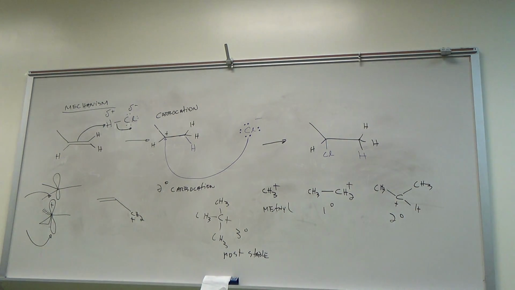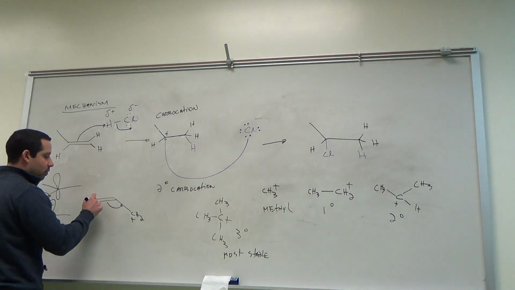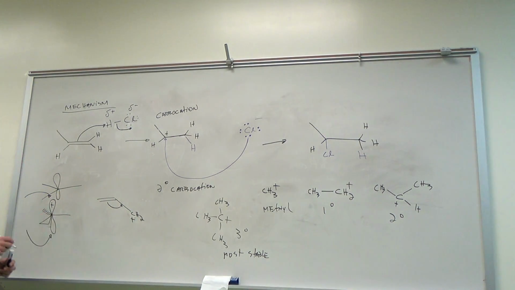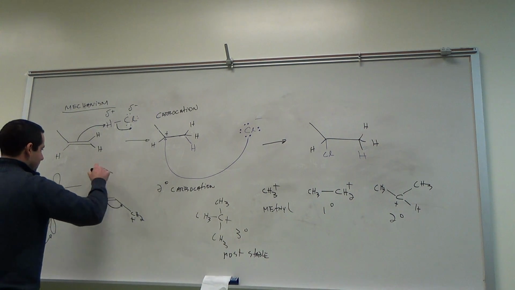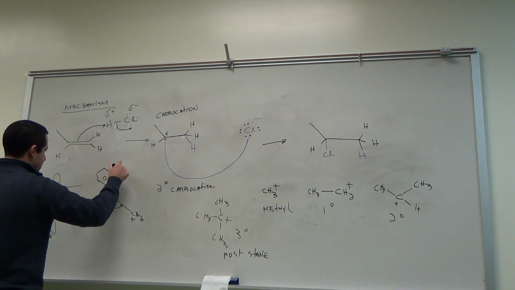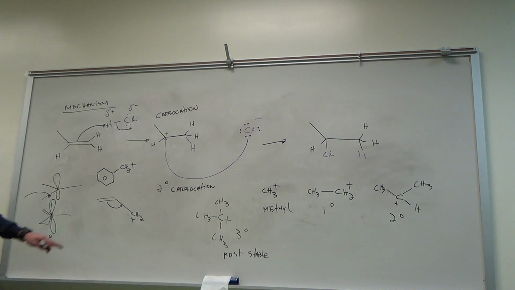Why is it stable? It is stable because it's resonance stabilized. Because I can go like this, and this positive will then go here. Because it's resonance stabilized, it's stable. And benzylic is one like this. That's called benzylic. This is called allylic.